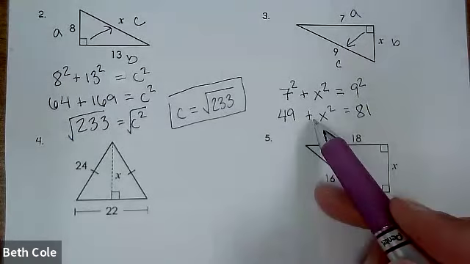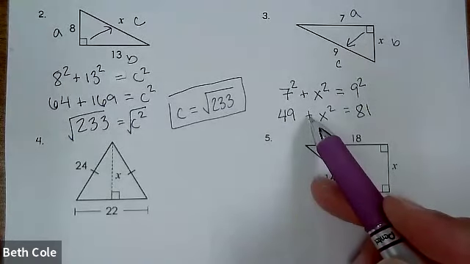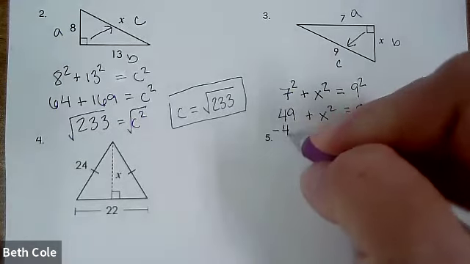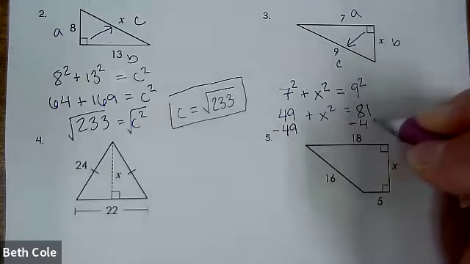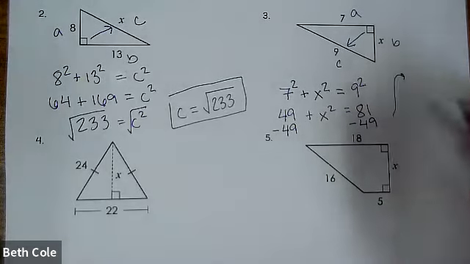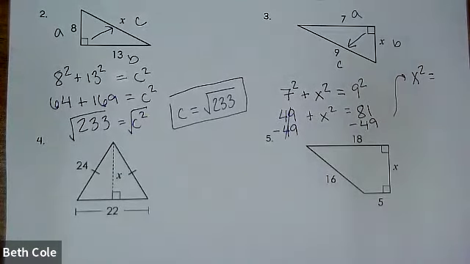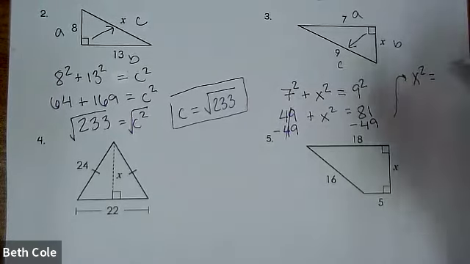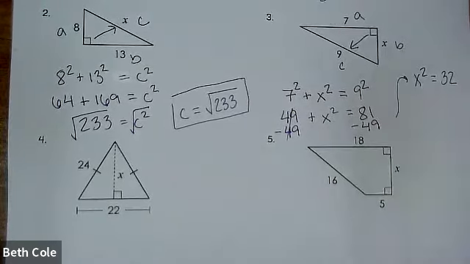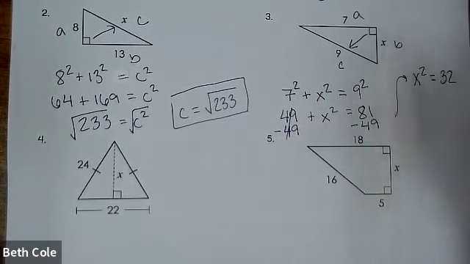Now, how do you undo plus? We want to cancel out plus. So we're going to subtract. Good. We're going to subtract 49. I'm going to have to come over here. X squared equals, all right, 81 minus 49. I don't want to mess it up in my head, so I'm going to just type it in. 81 minus 49. I got 32. And then to get rid of the squared, you're going to do what?